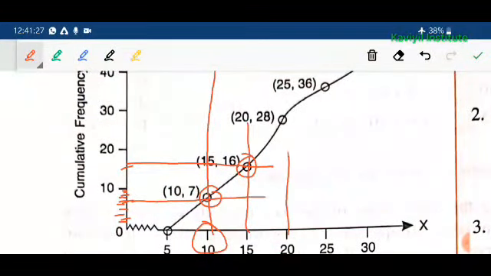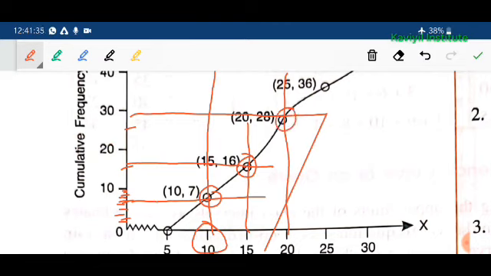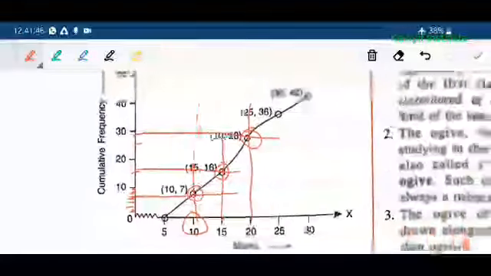So 20 we will be drawing first, then 28, right? Approximately just below here, using a straight scale. So this is the area where we are getting it. Approximately it will be here.